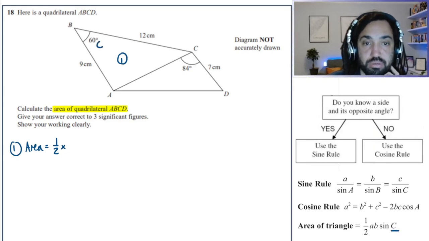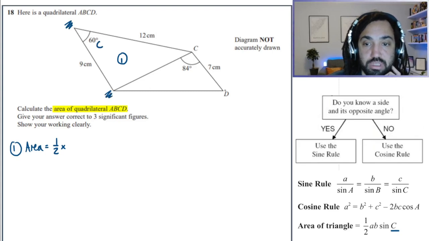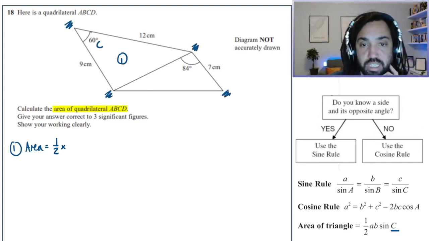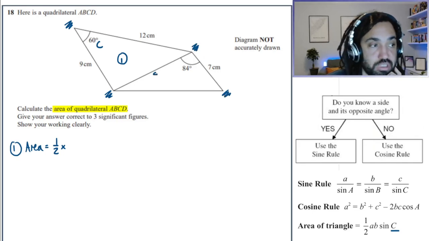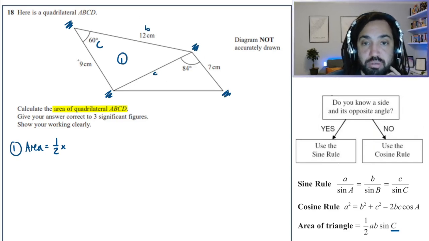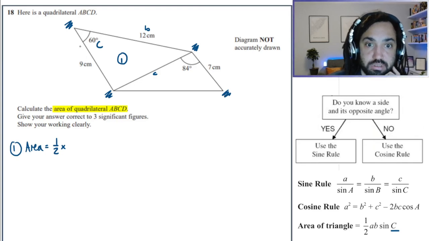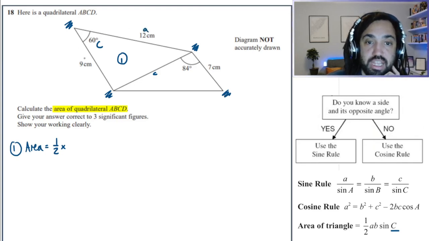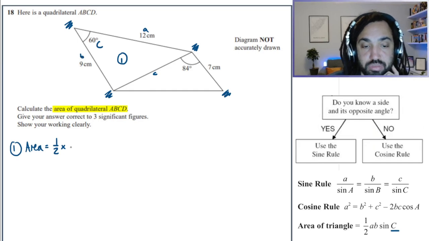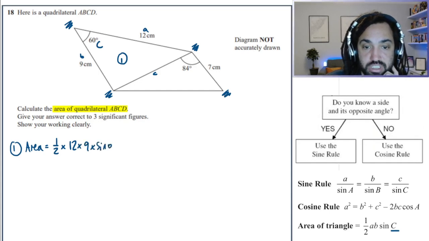This will be our capital C. Forget about what they're labelled, because that's just there to confuse us all. This one will be capital C, which means the side opposite will be little c. Then a and b are the other two, doesn't matter which order. So we can work out the area of this by doing a half times 12 times 9 times sine of 60.